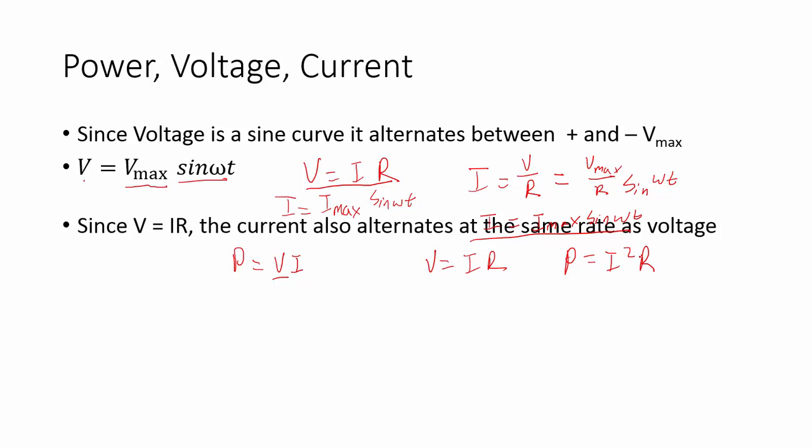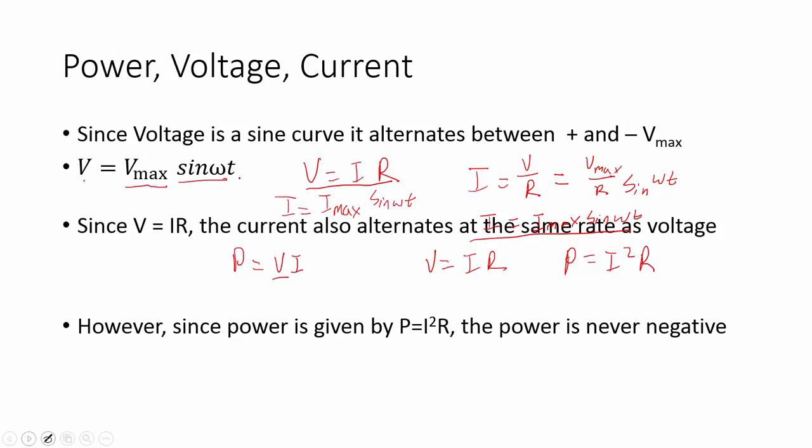Well, what does that mean? Let's take a look at what that means. We're going to simplify this just a little. Power is given by I squared R. The power is never negative.